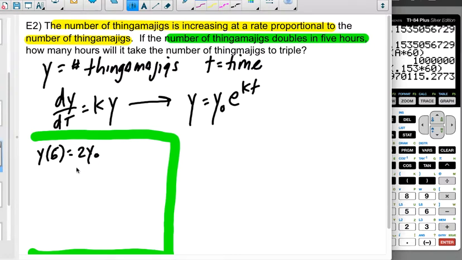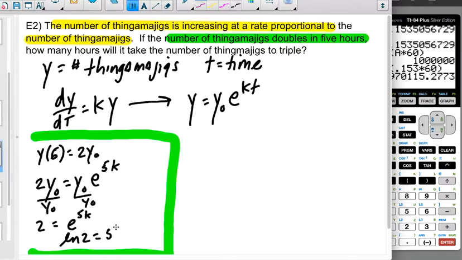So double the original value equals y naught e to the 5k. Well, I can solve for k. If I divide by y naught, I get 2 equals e to the 5k. Natural log of 2 is 5k. So I now know that k is 1/5 the natural log of 2. That's my number.